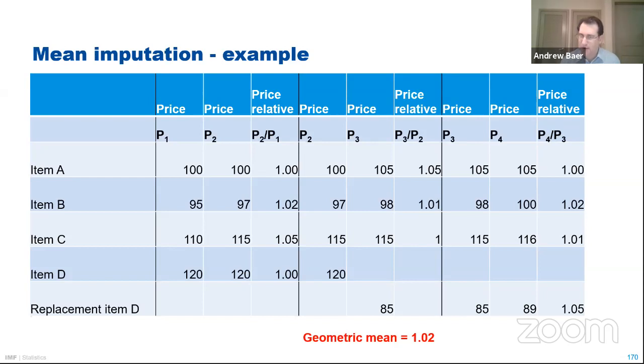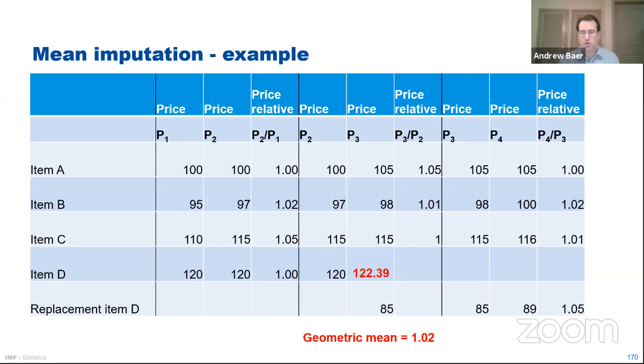If I had item weights, I would calculate the index the way we saw in that spreadsheet with the weighted relatives. But here I don't have item weights, so I'm going to just use my geometric mean. And my geometric mean of the price relatives for items A, B, and C is 1.02.